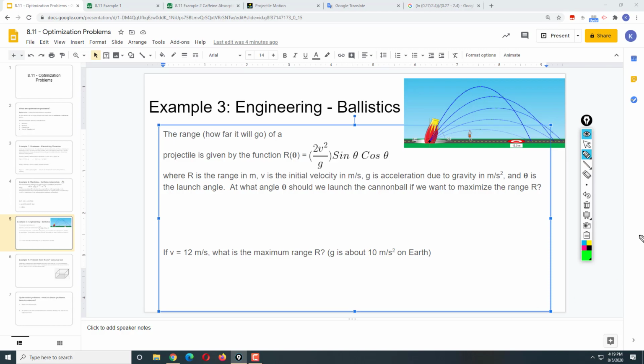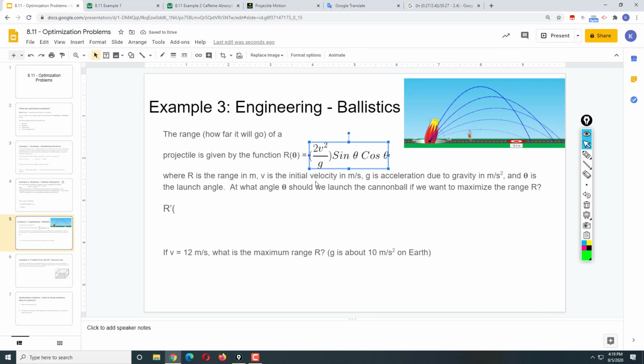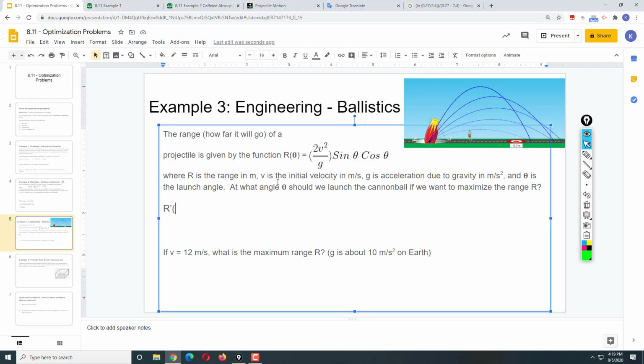Alright, so our function's right here. Again, we take the derivative of our function. So it's going to be r prime of theta. It's going to be 2v squared, that's just a constant, divided by g, times the derivative of sine theta cosine theta.